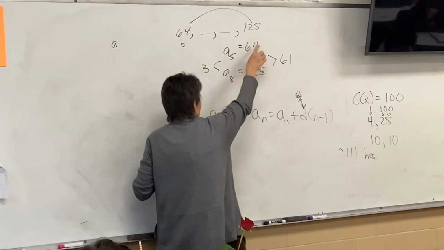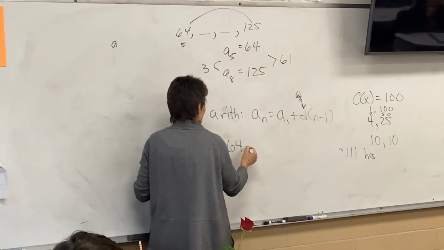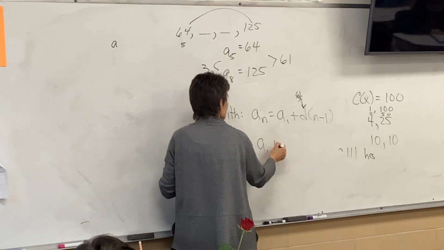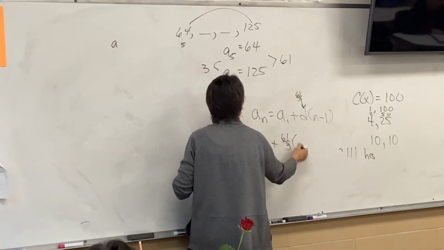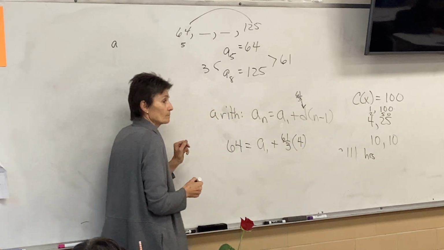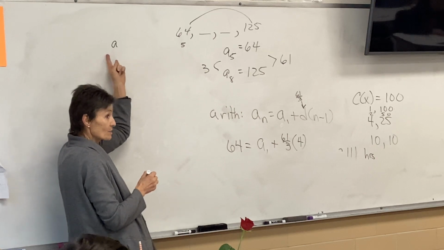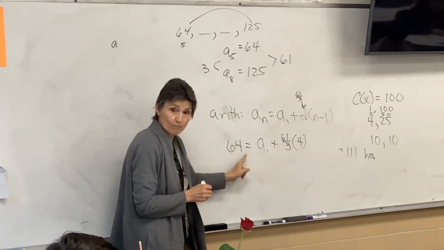So 64 should equal whatever your first term is plus 61/3 times 4. So backing up 4 of those will give you your first term.